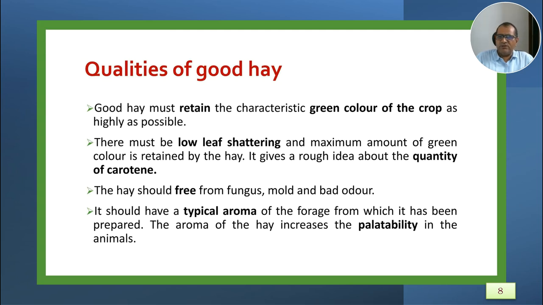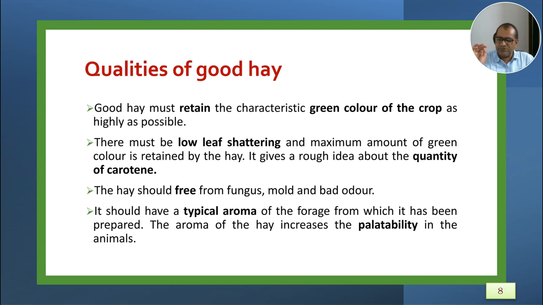So what are all the qualities of a very good quality hay? How can we say how my hay is better than the other hay, whether it has the quality and also the standards. So some of the principles are: good hay must contain the characteristic green color of the crop as highly as available.